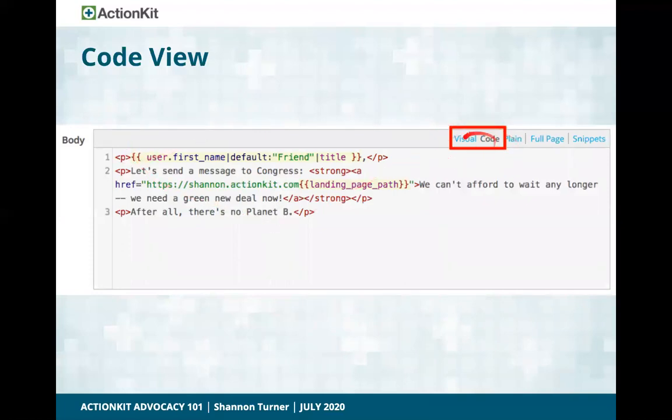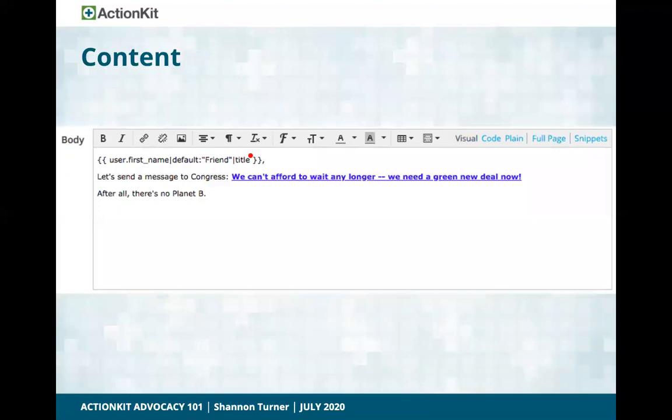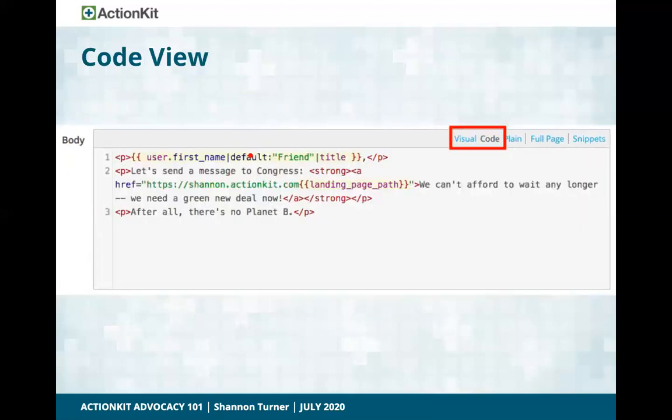And if you click code up here, which is highlighted in red, then you come to code view where you can see the HTML code that is making up this email behind the scenes. You can switch back and forth between visual and code as necessary to adjust your mailing depending on your preferences.